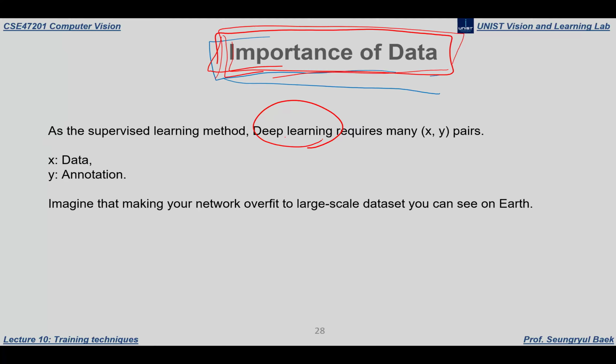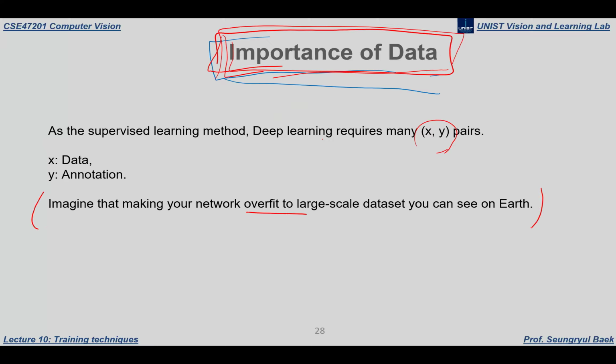Because deep learning has many parameters, we have to secure many X and Y pairs to train it. Unless the pairs are enough, the network parameters might be overfitted to the training data, and so will not work well for the testing data.